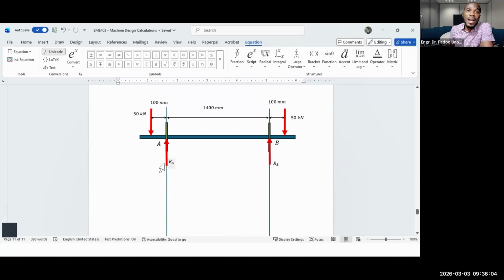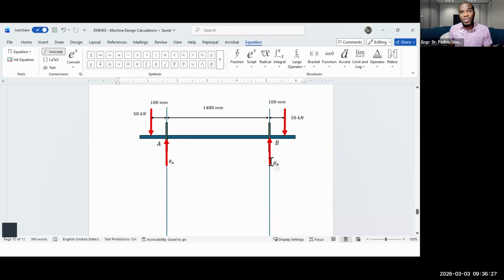Again, remember that RA is going to vanish because it cannot have moments about the point where it's acting. It's of no effect. What that means is, since that's the point that is pivoted, no matter the value of RA, this body will not rotate in any direction. It will remain exactly the way it is.